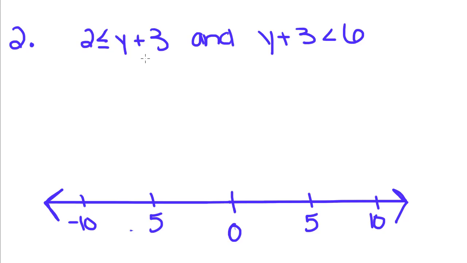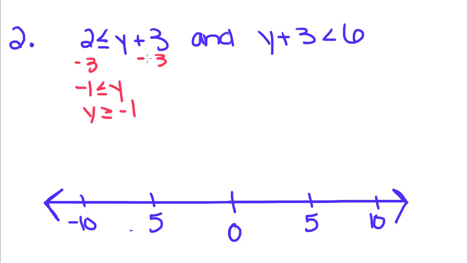So again, we're going to solve both inequalities like we normally would. We're going to subtract 3 from both sides, get -1 less than or equal to y. I always like to write my inequalities with the variable on the left because that's how we graph them. So this is y greater than or equal to -1.